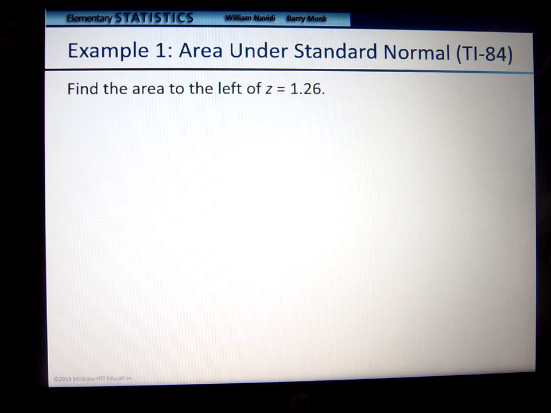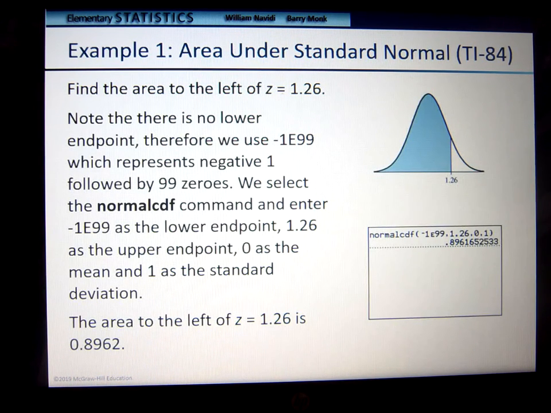So finding the area left of 1.26, there is no lower endpoint. Therefore, we're going to use -1 E99, which represents -1 followed by 99 zeros.